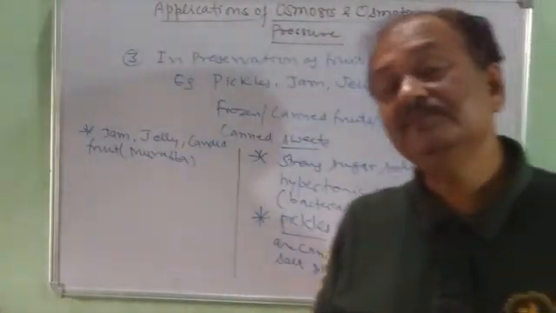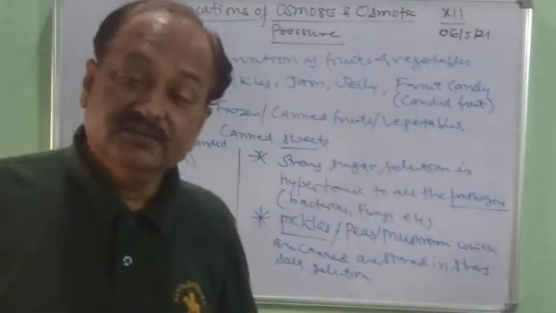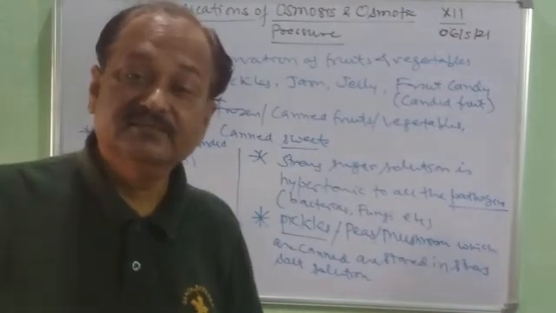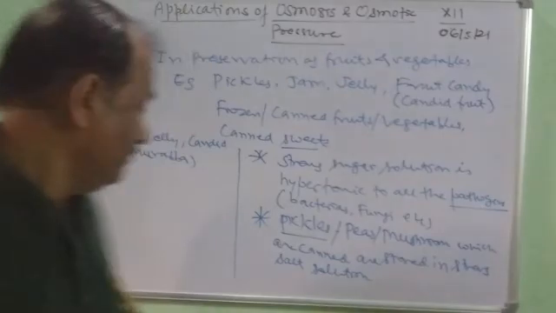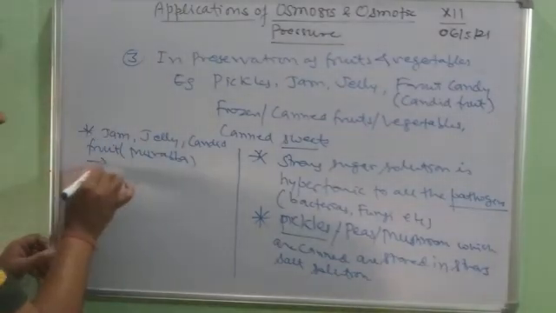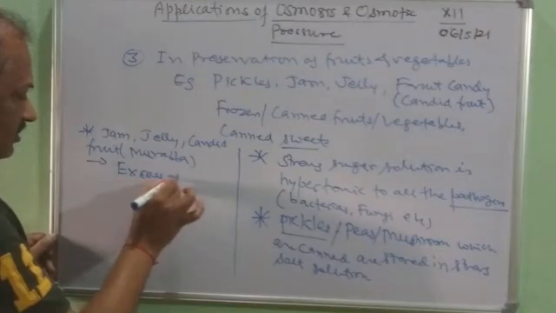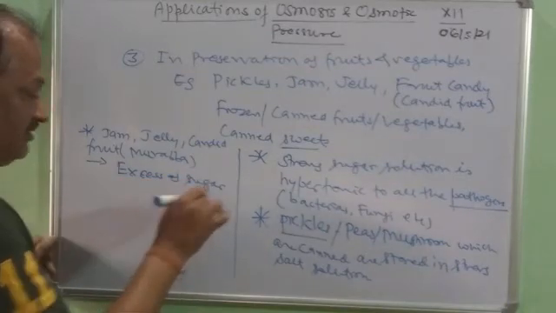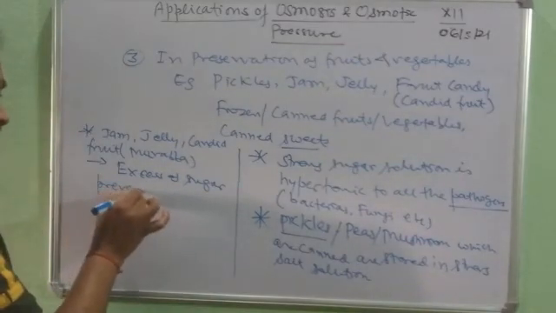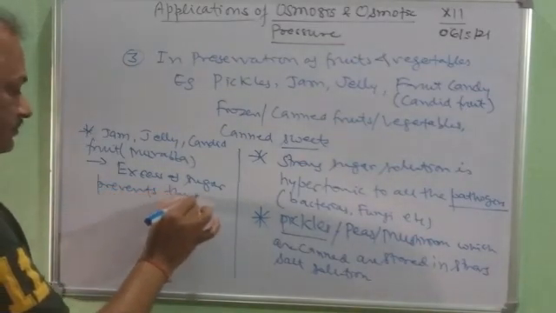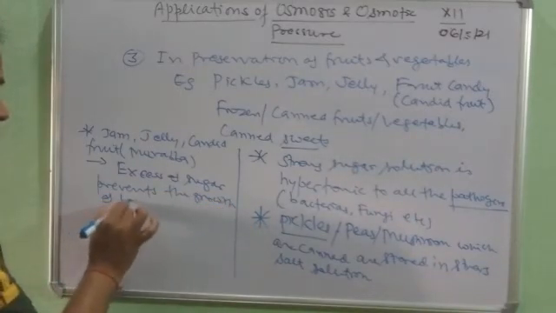Murabba is made simply by preserving fruits like amla, bael, all the fruits are available in this form. So they have excess of sugar. An excess of sugar prevents the growth of pathogens.